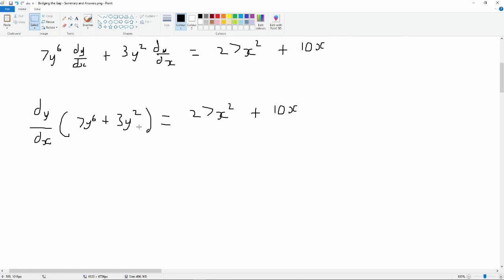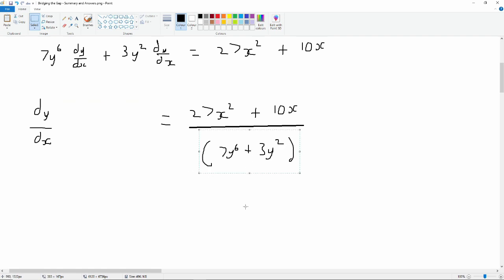And lastly, we just divide by the stuff that's in the brackets. I'm going to get rid of the brackets. And that is our final answer.